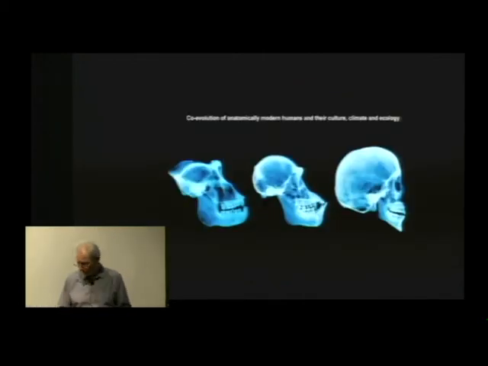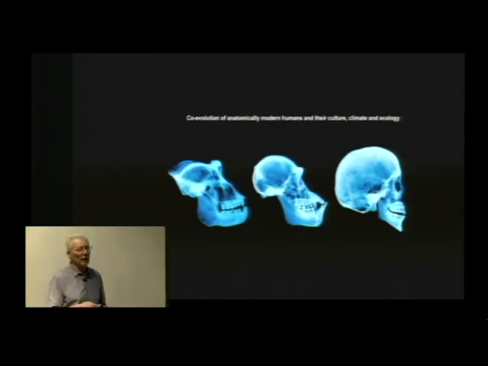Okay. So most of us, and I hope this is not offensive to anyone in terms of religion, pretty much know this story of the evolution of humans from the great apes. What's not often described is how culture is wrapped up in that evolution, and climate and ecological relations.